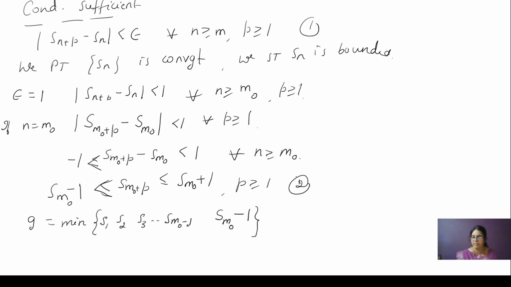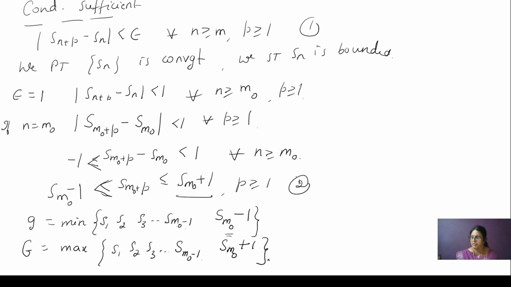The suffix is m0 minus 1. And we assume that capital G is the maximum of S1, S2, S3, etc. up to S_{m0 minus 1}, comma, S_{m0} plus 1.